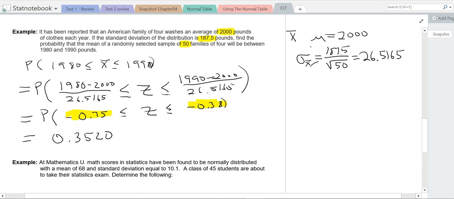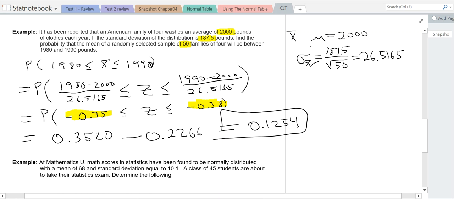When you look up minus 0.75, you're going to get 0.2266. When you take the difference between these two numbers, you get your answer, which is 0.1254. And there's your answer. That's the probability that for this sample, the sample mean comes out between these two numbers here.